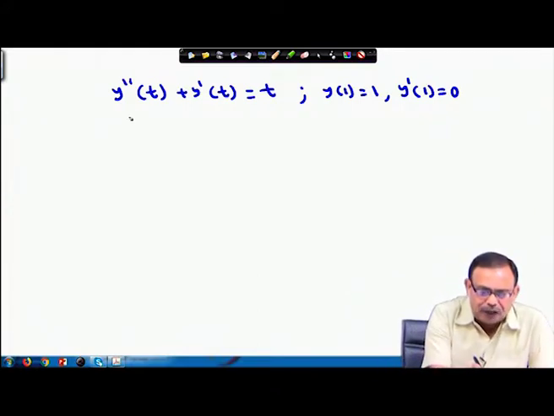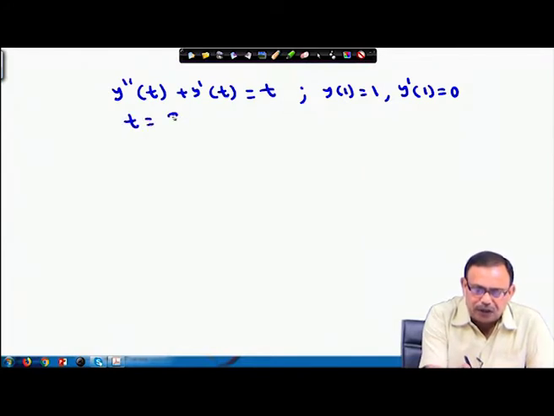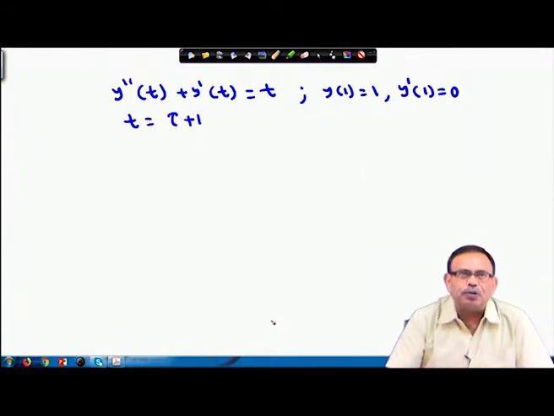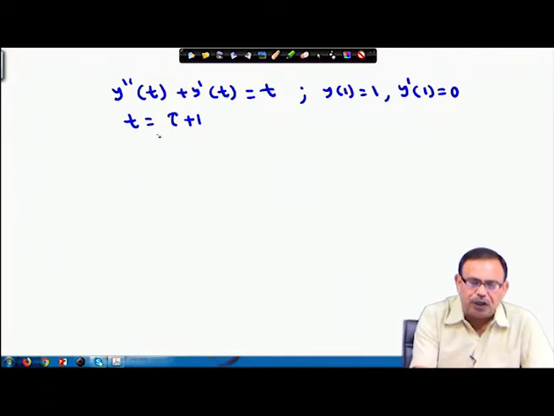So, suppose I substitute t equals tau plus 1, so that tau will be t minus 1. At t equals 1 your tau will become 0.